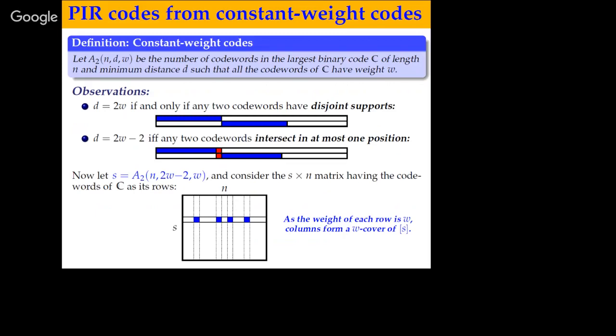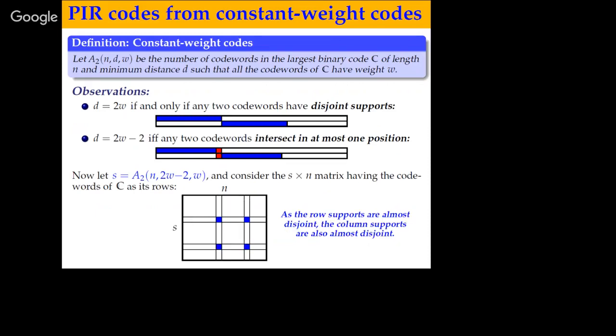In this way, I will get an almost disjoint k cover, except really, again, I need to take the dual system of them. I need to now look at columns in this matrix rather than rows. Okay, and we still satisfy the same property.